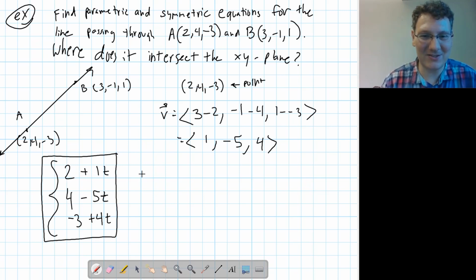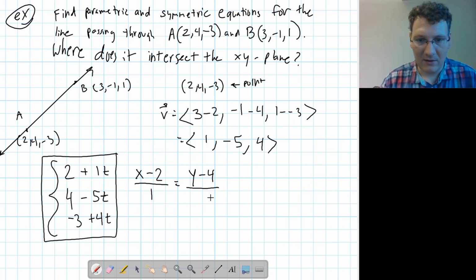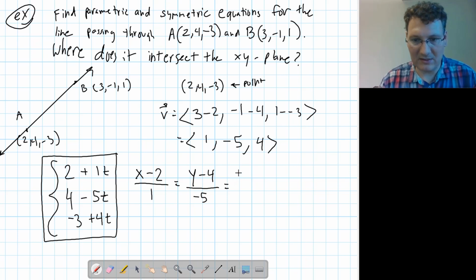The symmetric equations are going to look like this. Remember, it's x minus the x coordinate over the first component of our vector equals y minus 4, which is the coordinate for y, over the negative 5 equals z minus negative 3, which is actually a plus 3, I'll write it like that, over the 4.